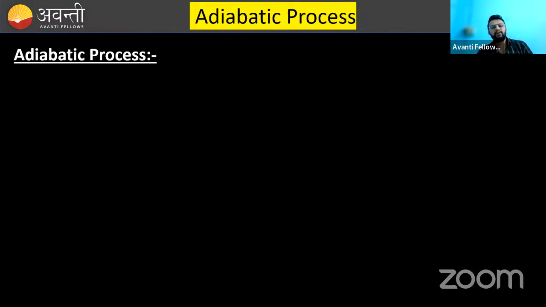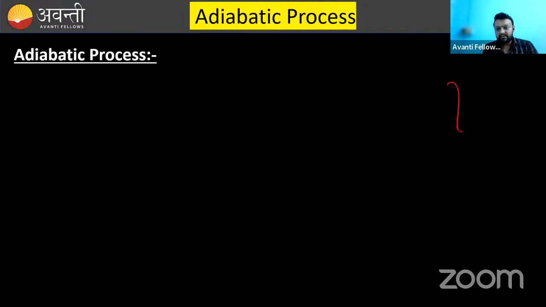Now we are moving further towards the adiabatic process. This is again a most important topic. So what is an adiabatic process? The process in which heat cannot be exchanged between the medium and surroundings.